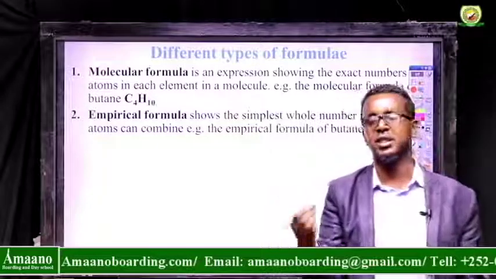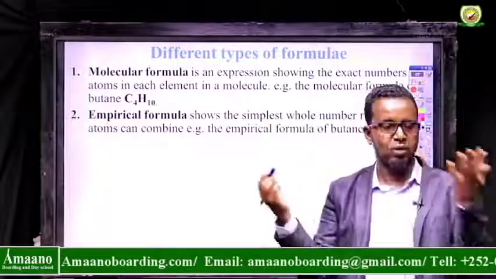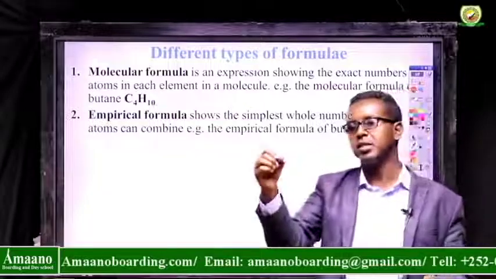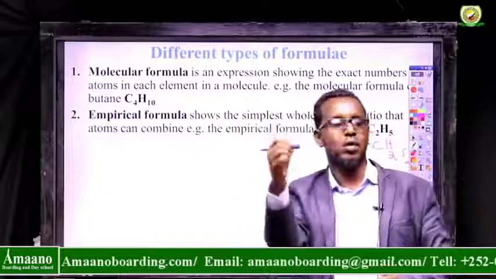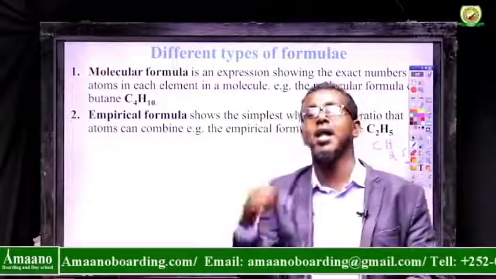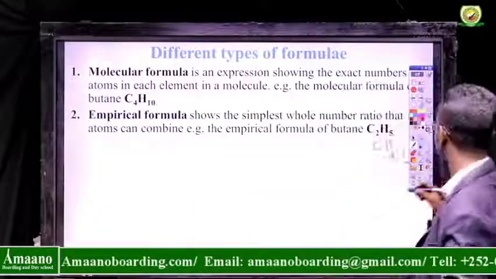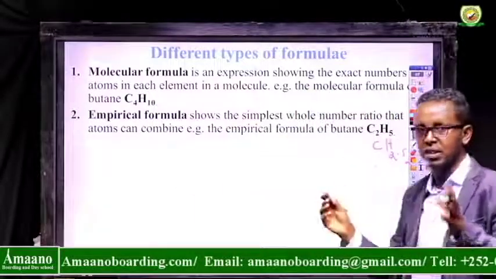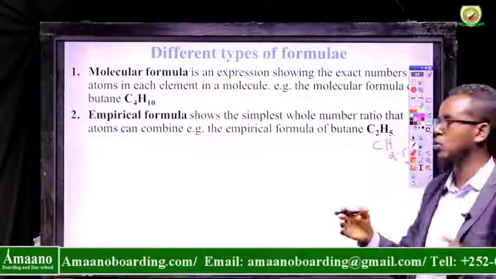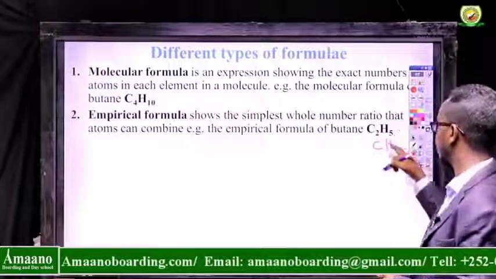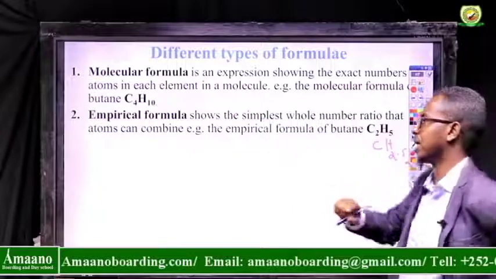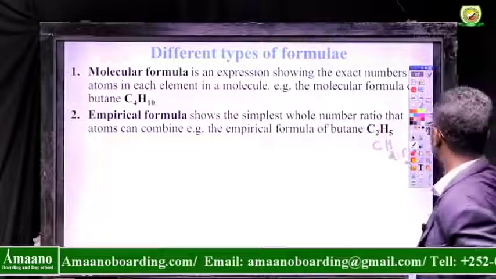It is like people: there is no such thing as 2 persons and a half. Atoms are always written in whole numbers, so the simplest ratio is C2H5.